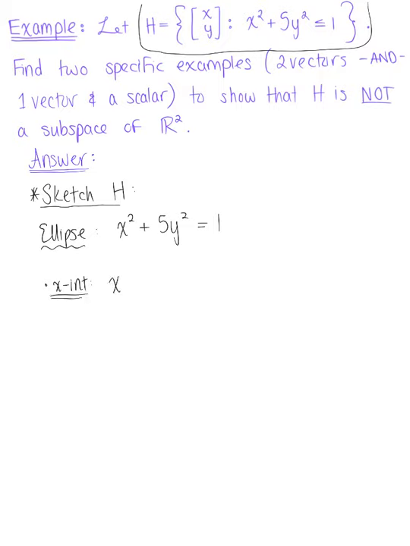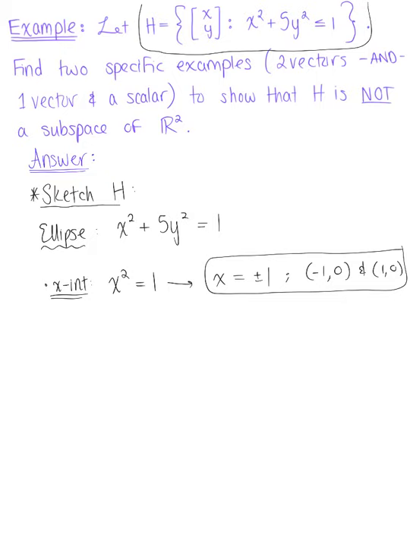So for the x-intercepts, I have x squared is equal to 1. If we take the square root of both sides, we end up with x is plus or minus 1. So we have x-intercepts at the ordered pairs (-1, 0) and (1, 0). And for the y-intercepts, letting x be 0, we have 5y squared is equal to 1.